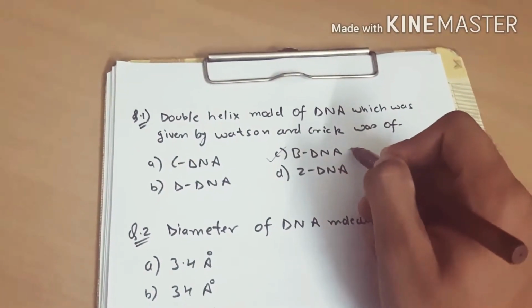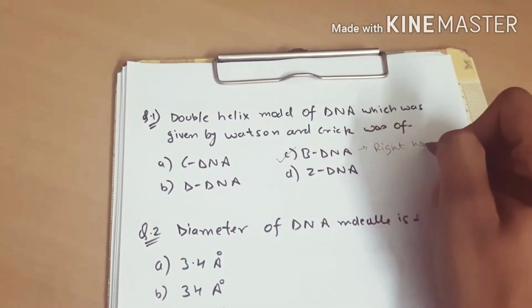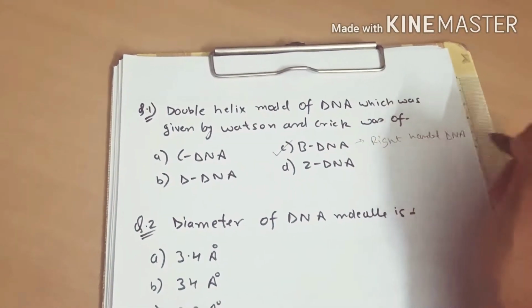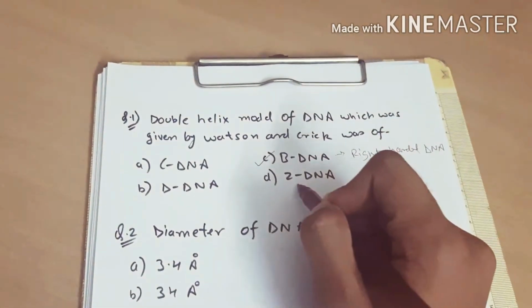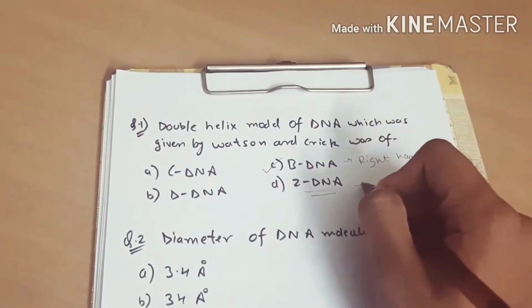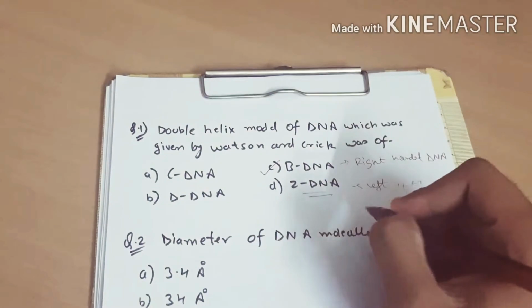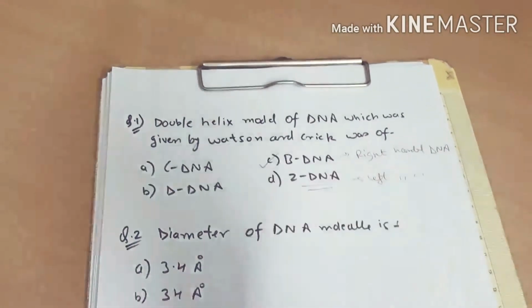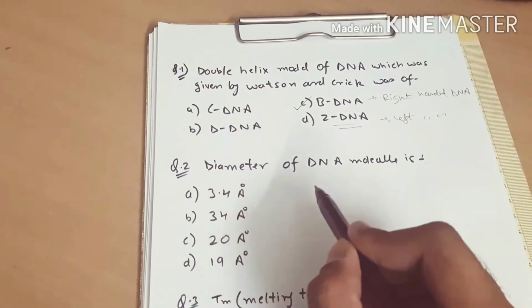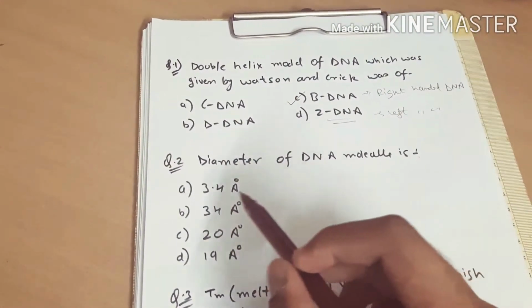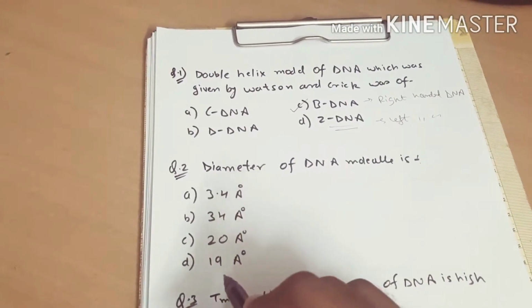Also, bDNA is a right-handed DNA having a clockwise twisting, whereas zDNA is a left-handed DNA having an anti-clockwise twisting. Remember that.